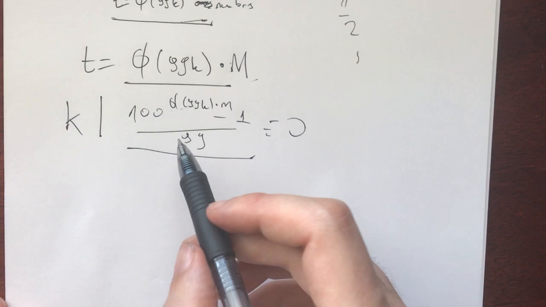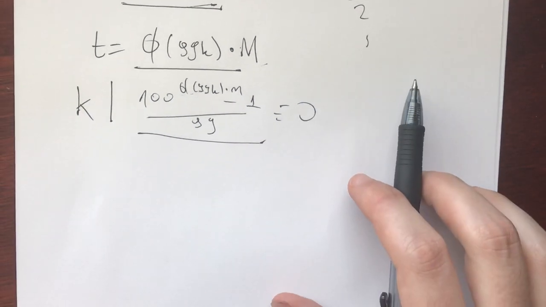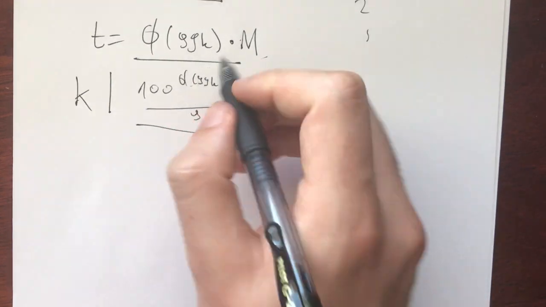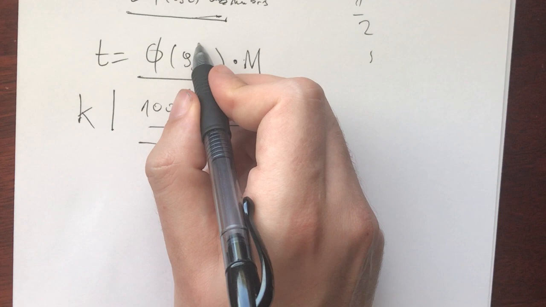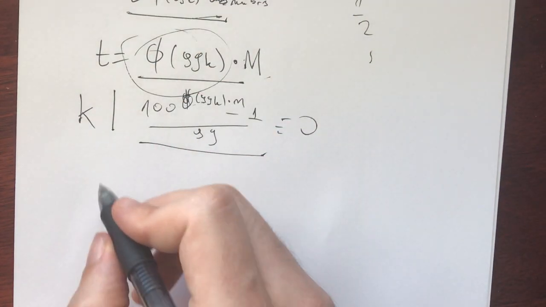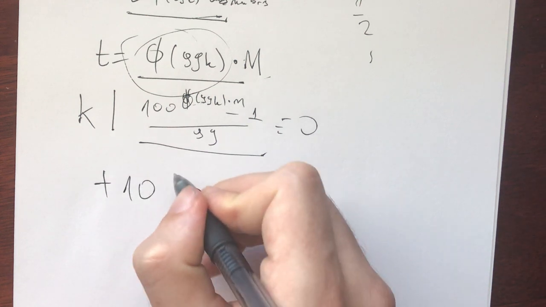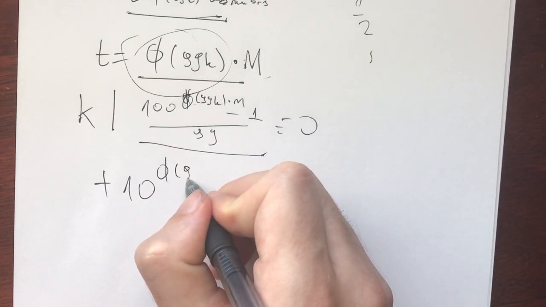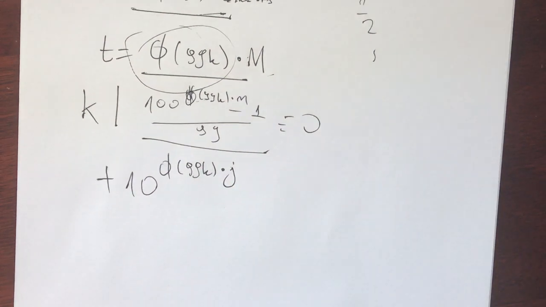And now I invite you to take 5 minutes and figure out which ones to switch. The major idea here is, instead of switching any single one of these ones, you switch the ones which are at this position. Because what happens when you add to this number 10 to the phi of 99k times some number j? What happens?